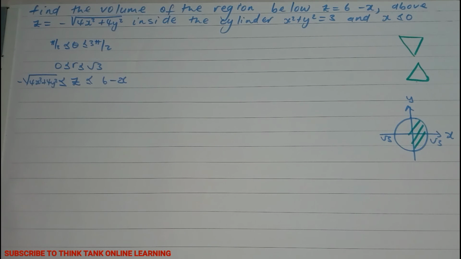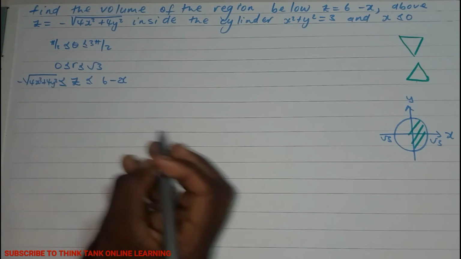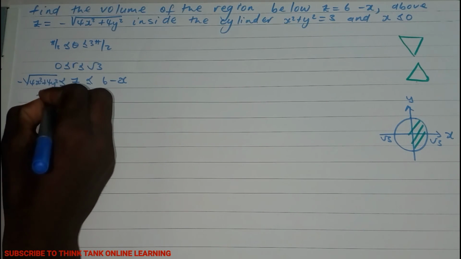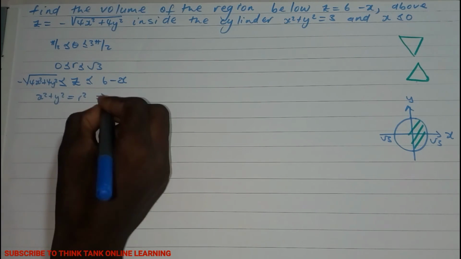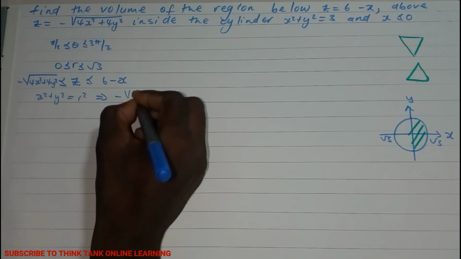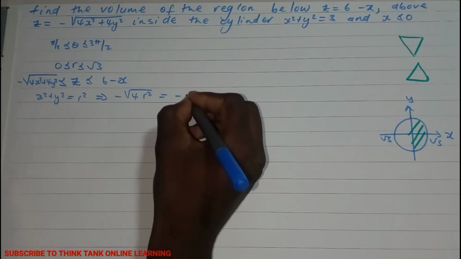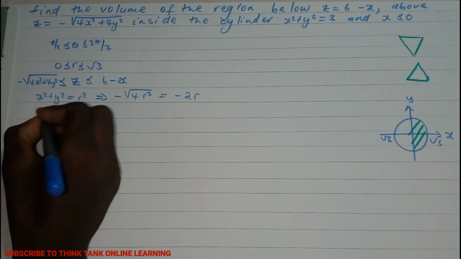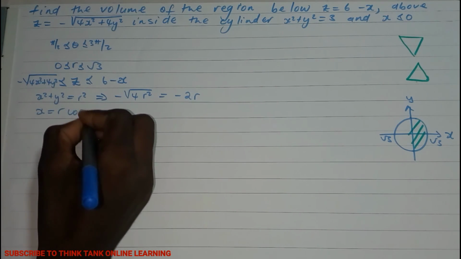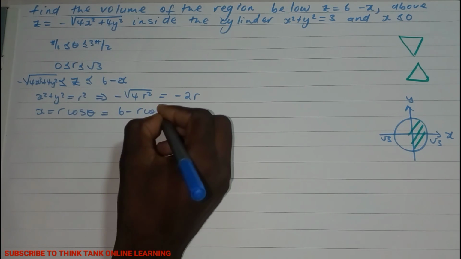Now, we know that x squared plus y squared is equal to r squared, so we can write the lower bound as negative square root of 4r squared, which is negative 2r. What about the upper bound? We said x equals r cos theta, so this is the same as 6 minus r cos theta.